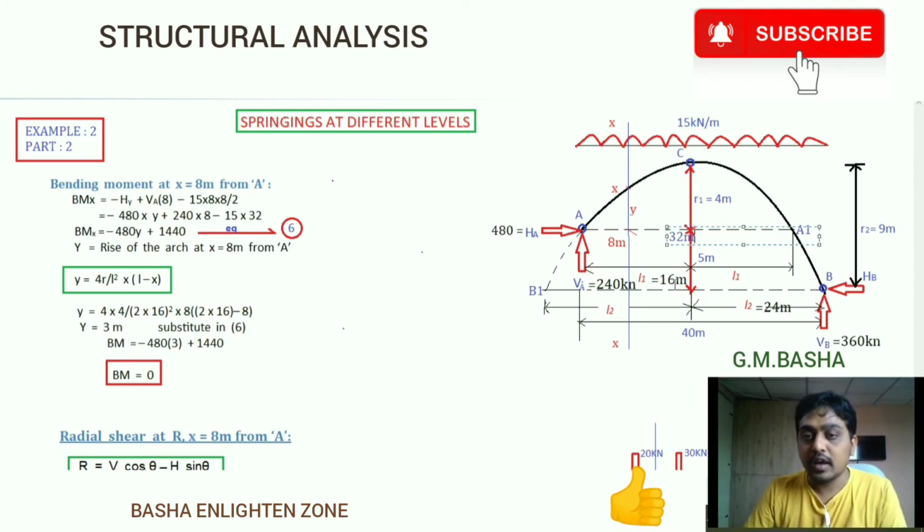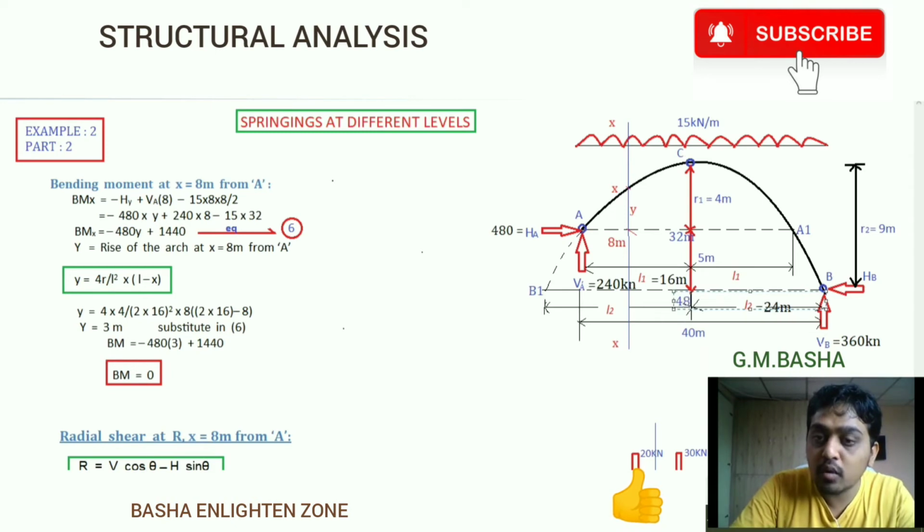Okay. Again, in some cases, if they are asking to find the bending moment from the right support, you have to consider this B to C will be equal to 24 meters. Again C to B1. So the overall L value will be equal to B to B1, not from A to B. Okay, B to B1. So the overall length will be equal to 24 into 2, which is 48 meters.